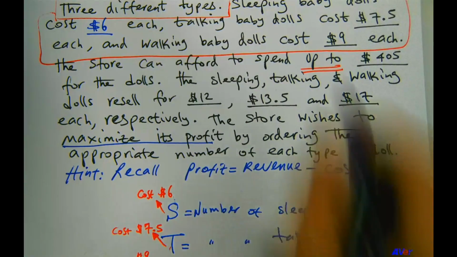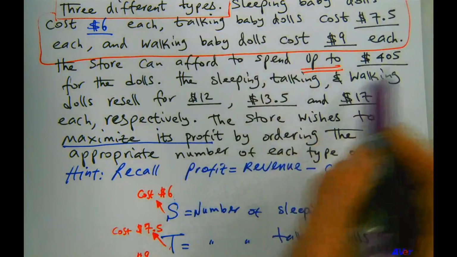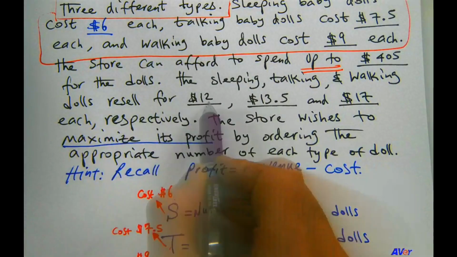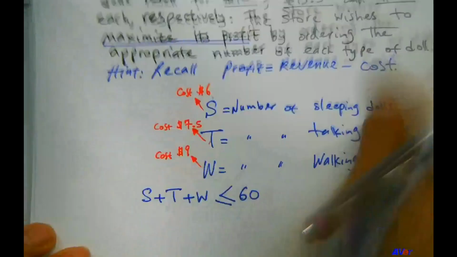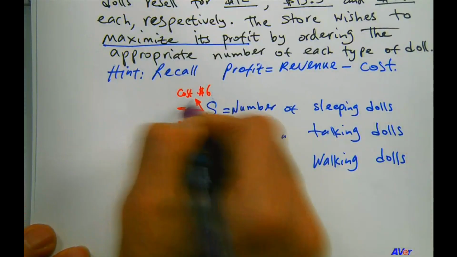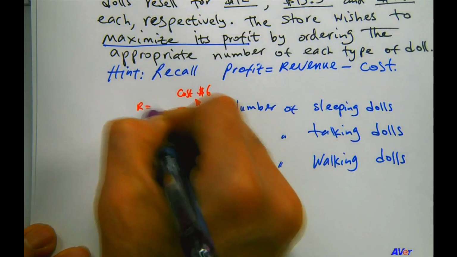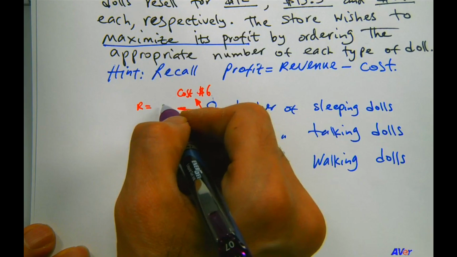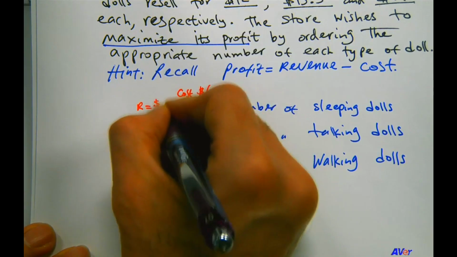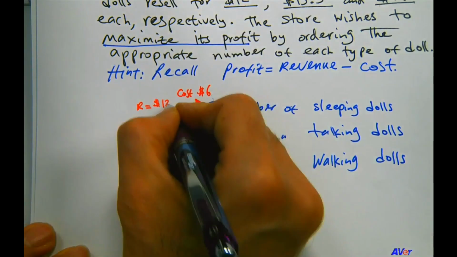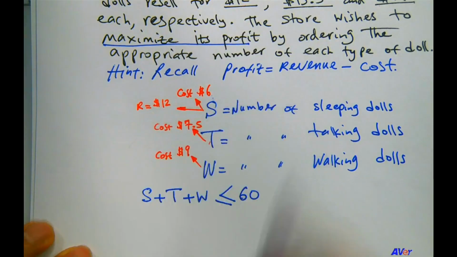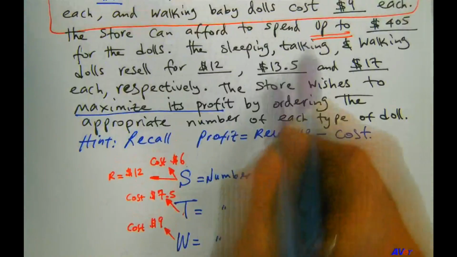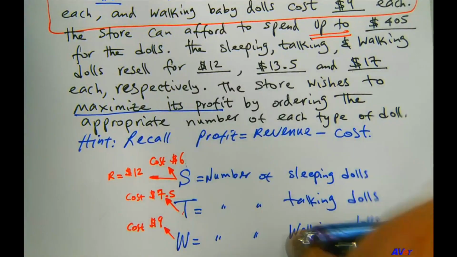So for sleeping baby dolls, that would be, for sleeping baby dolls is $12. So I'm going to attach that information to sleeping baby dolls. So revenue from selling sleeping dolls would be $12. Like that. Revenue for selling talking dolls is $13.50.